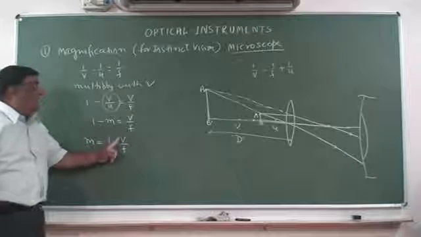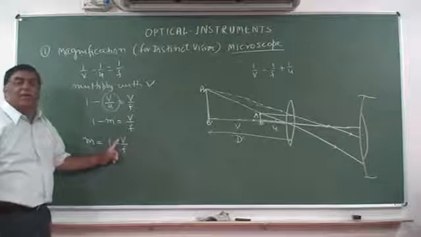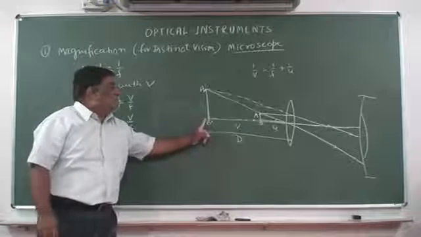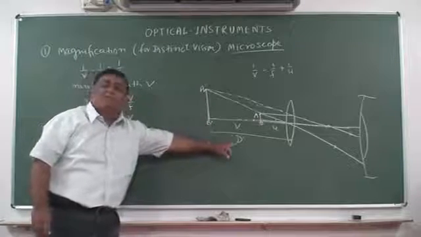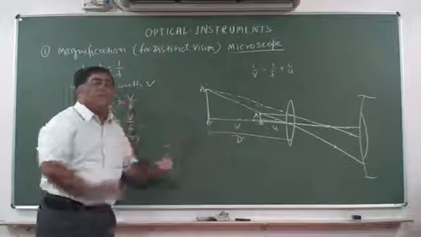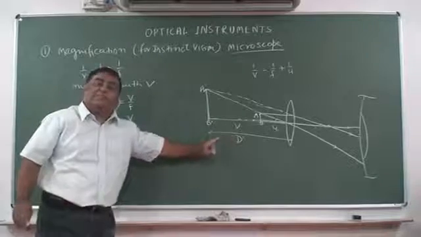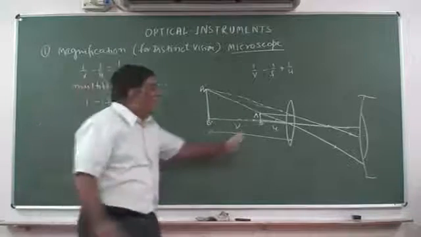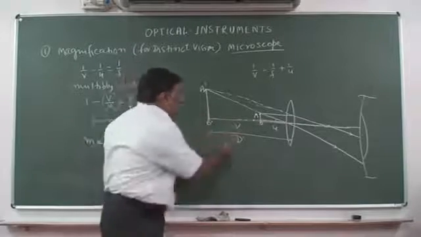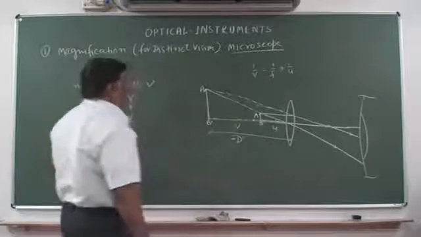Now, what is the location of V? What is the location of the image? The answer is we want the image at a distance of D. So, this value we assign to V. How much is this value? This value is D. And what is its sign? It is on this side from where the rays are coming. So, its sign is negative.